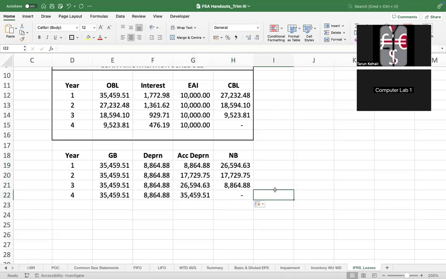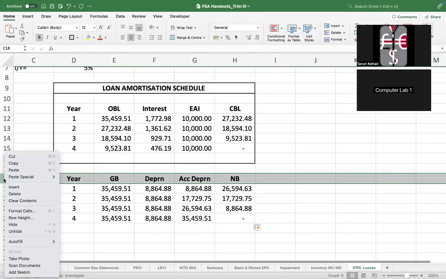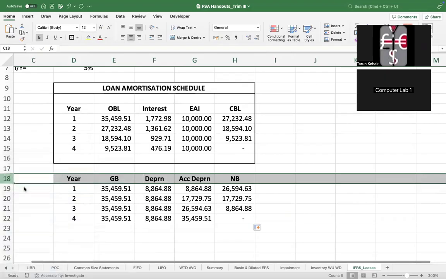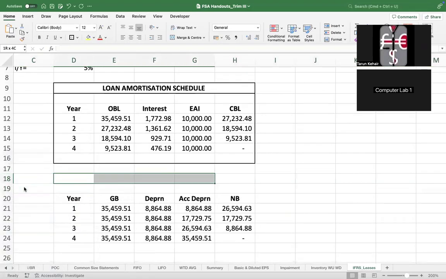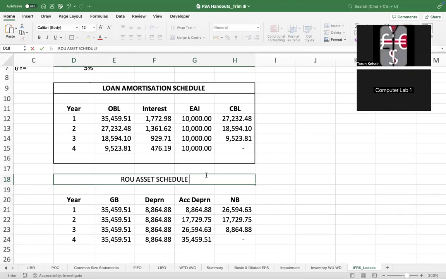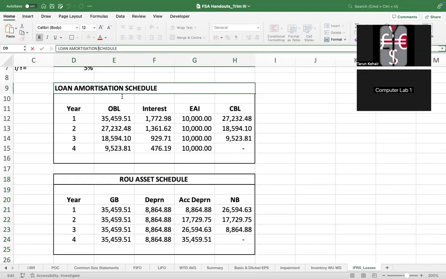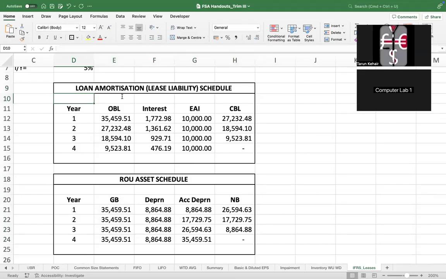So it becomes 0 at the end of the 4th year. This is your ROU asset schedule.